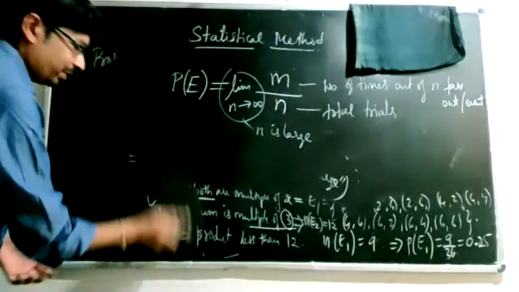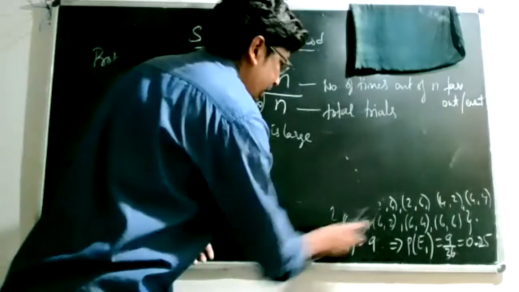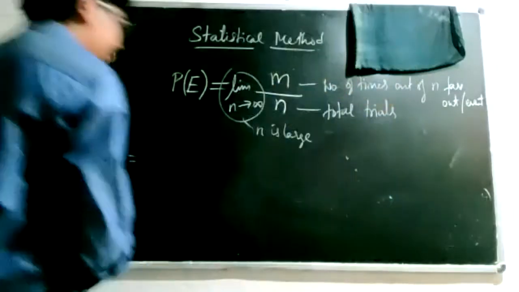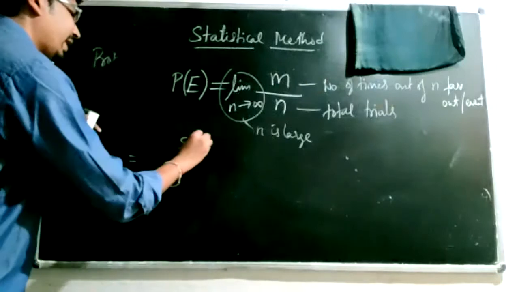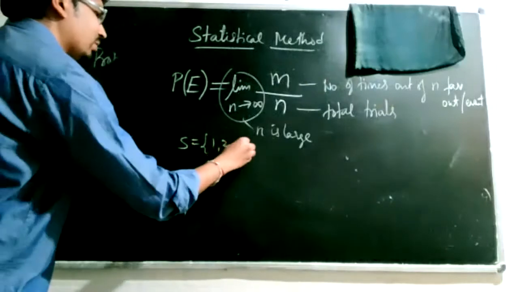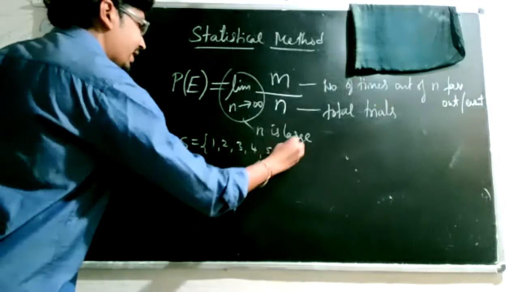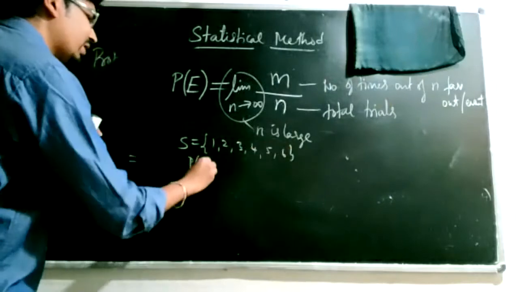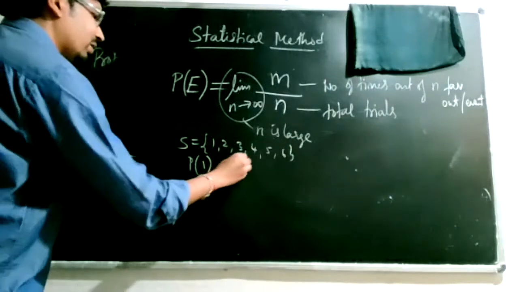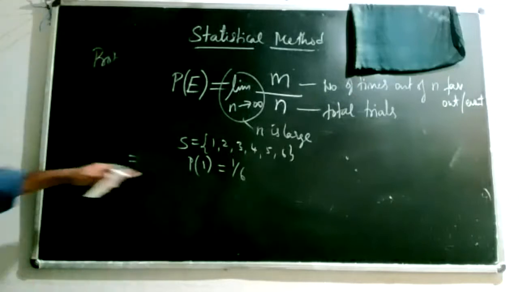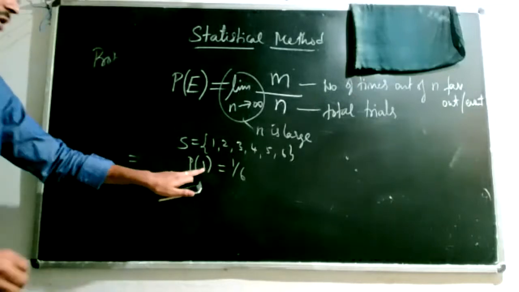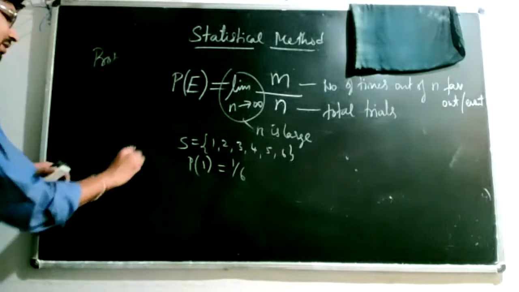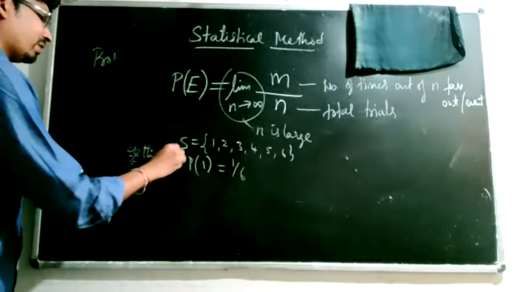So understanding this by a simple example, let me take the same experiment of throw of a dice. In the previous case, I said I have my sample space S is equal to {1, 2, 3, 4, 5, 6}. And if you want to observe the outcome to be 1, your event is getting number 1.